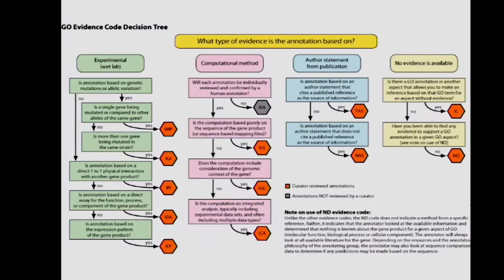Or you can say, you know what, I'm willing also to take computational methods. Or I can be very, very strict and say, I need a traceable author statement. This is one of the most strict terms that says there's a peer-reviewed paper somewhere that says that this enzyme does this, and it's been directly assayed. So there's direct evidence for it.